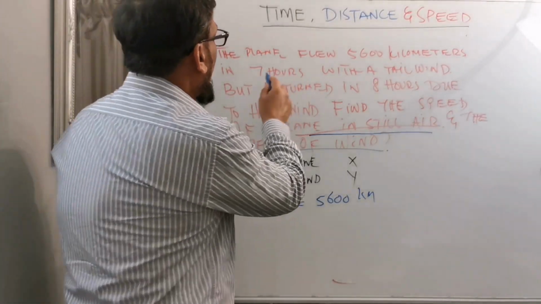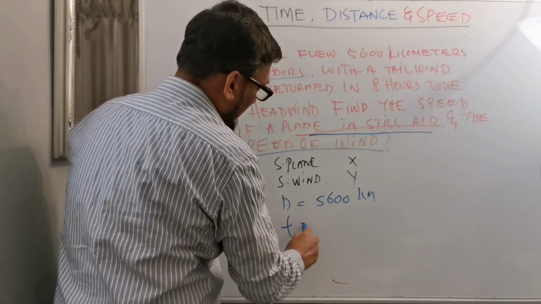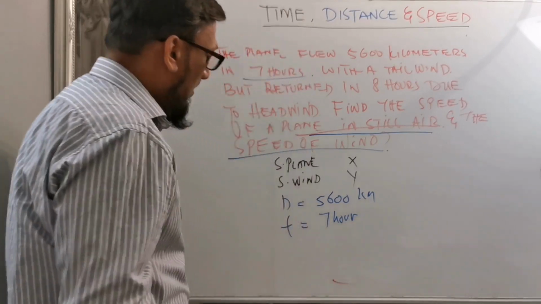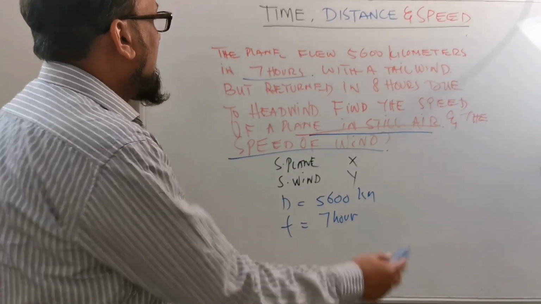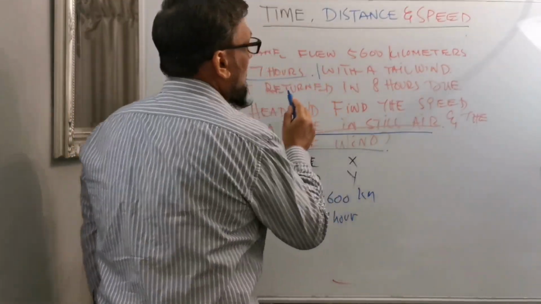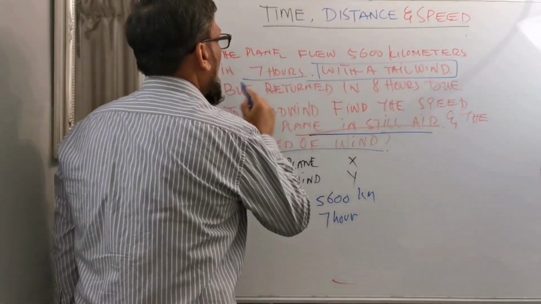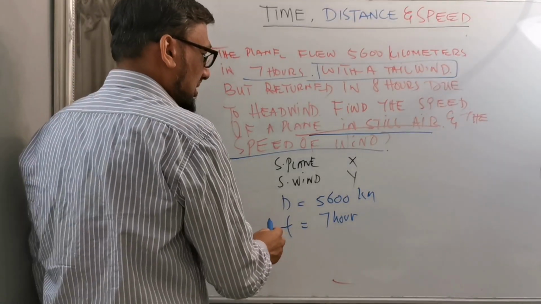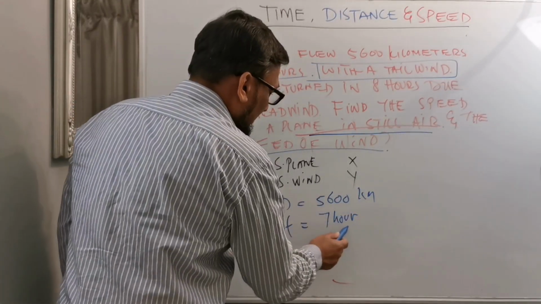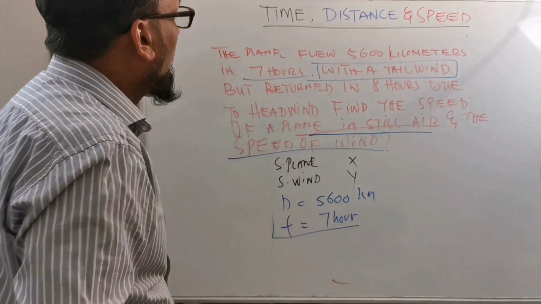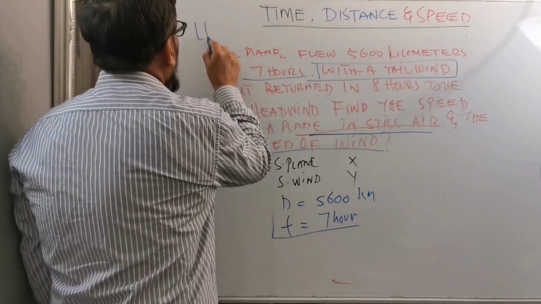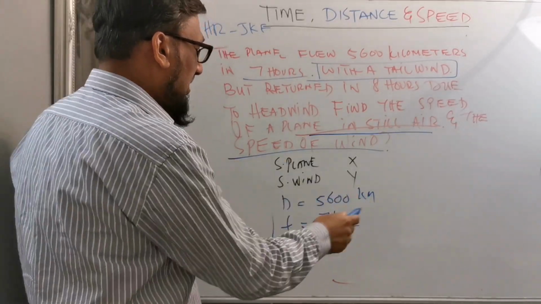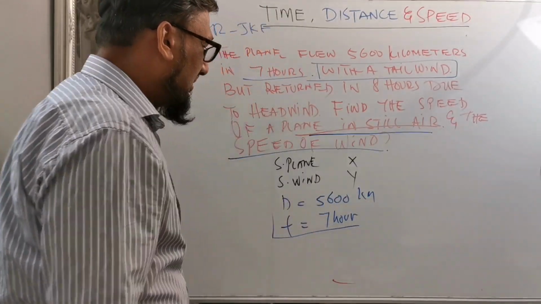And they're giving you time as well, T, 7 hours. And also they say, very important this word, with a tailwind. So with a tailwind, it takes 7 hours from LHR to JFK.